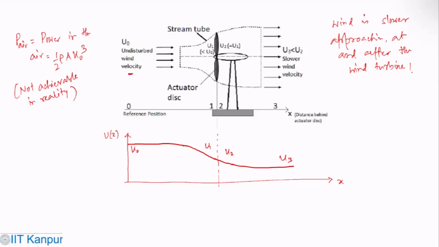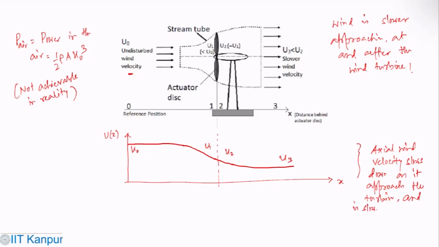This graph or plot shows the axial wind velocity, which slows down as it approaches the turbine, and is slowed down further as it passes through.